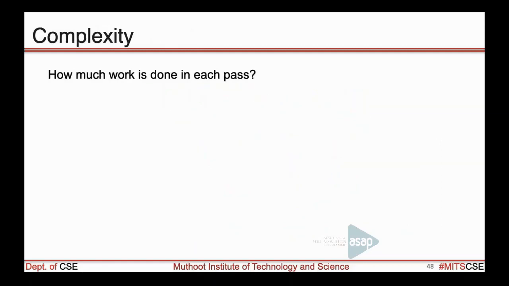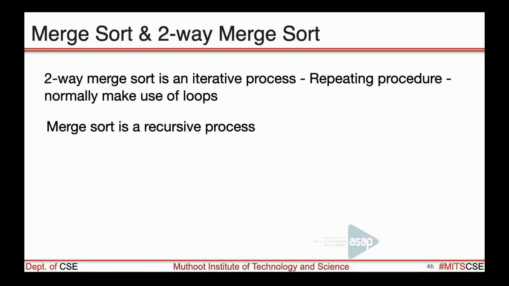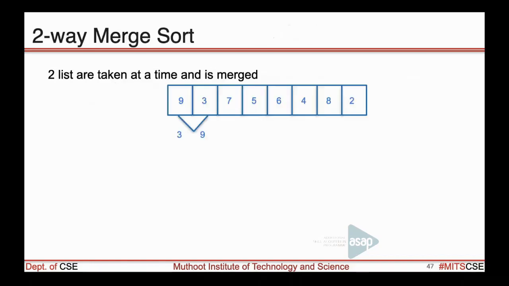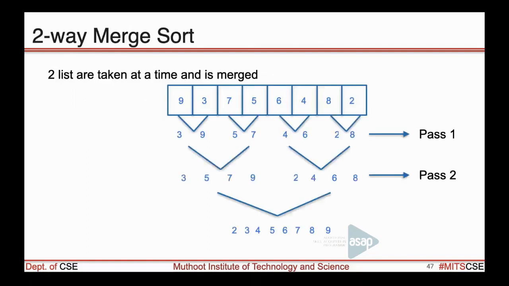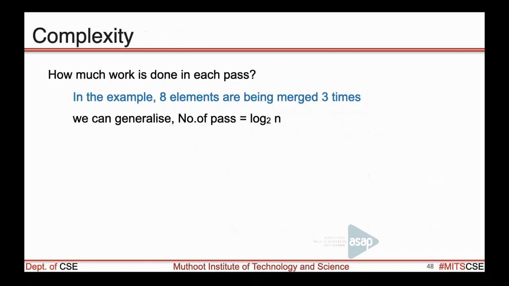After knowing how a 2-way merge sort works, we need to check the complexity of the algorithm. So how much work is actually done in each pass? In the example, we had 8 elements and they were merged in 3 passes. So we can generalize that the number of passes is equal to log n to the base 2.